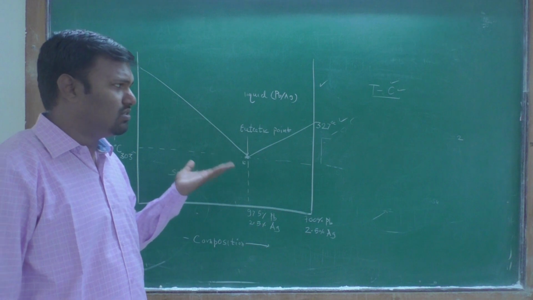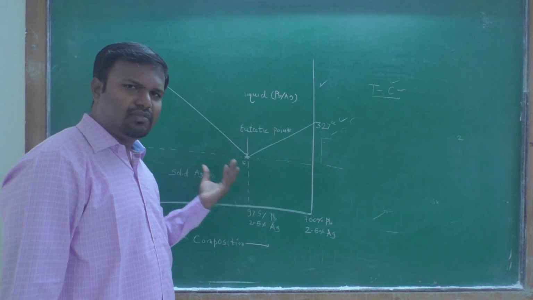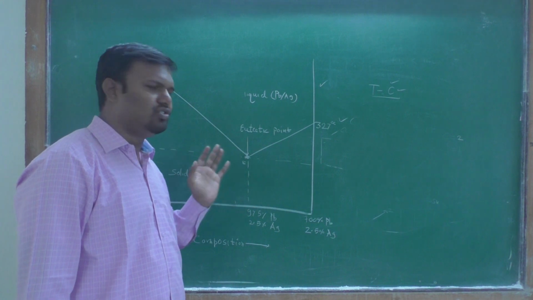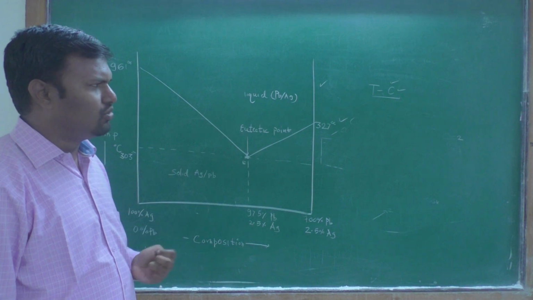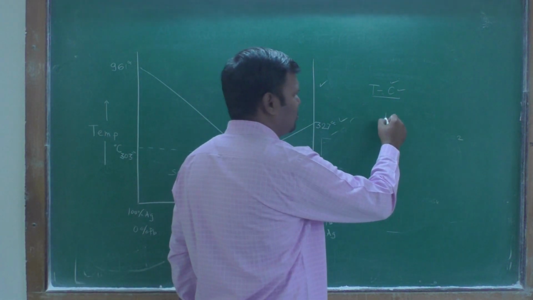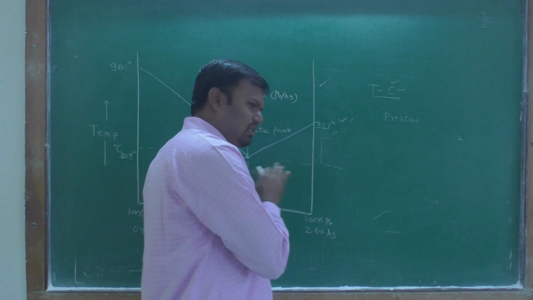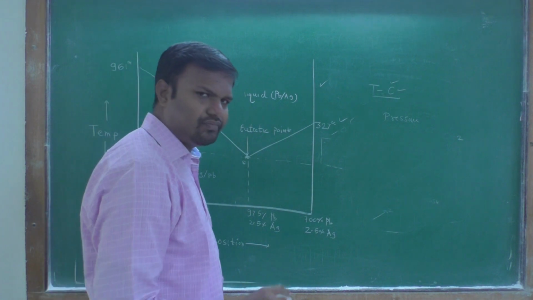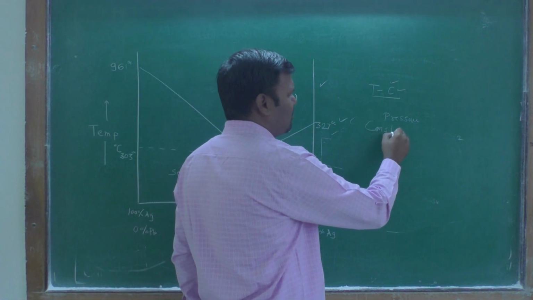We can use this two-dimensional diagram to explain the phases of the two component system. Therefore, we have removed the pressure, and we have done this process or the phase diagram under constant pressure at 1 atmospheric pressure.